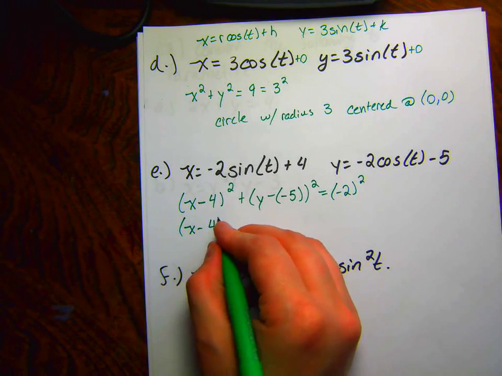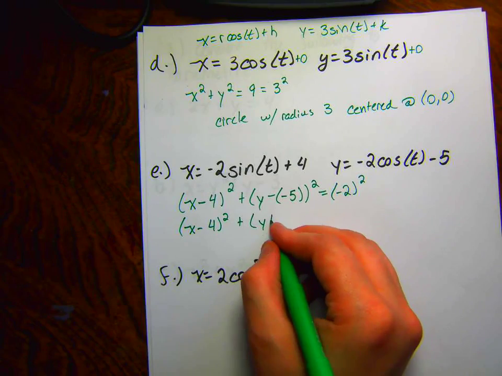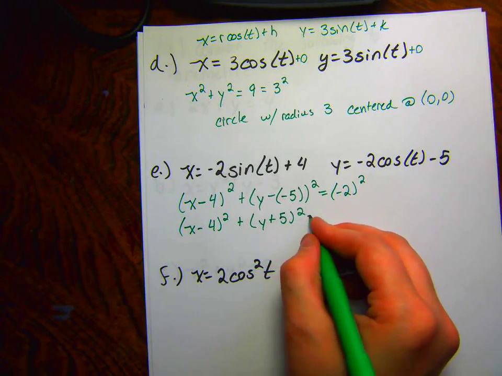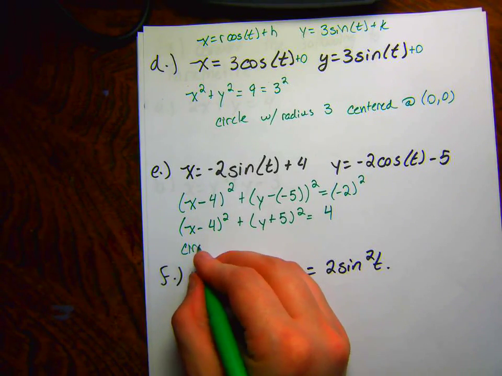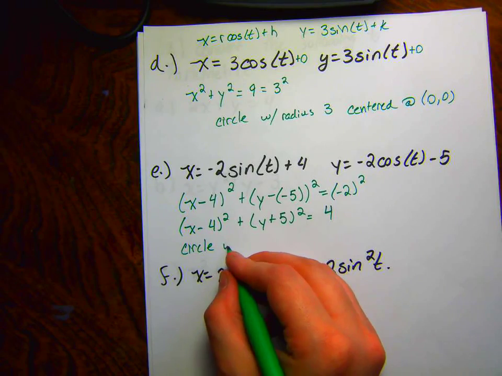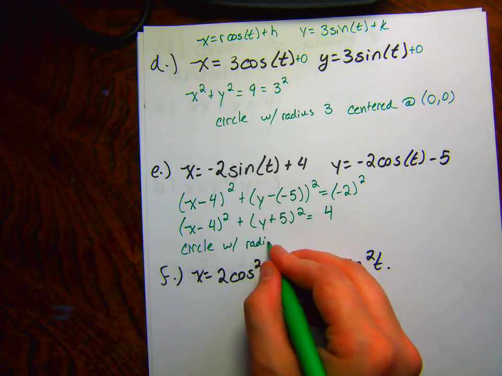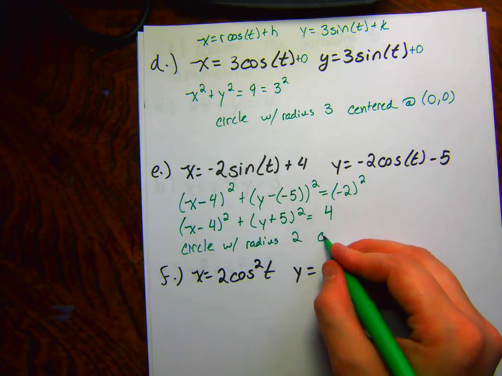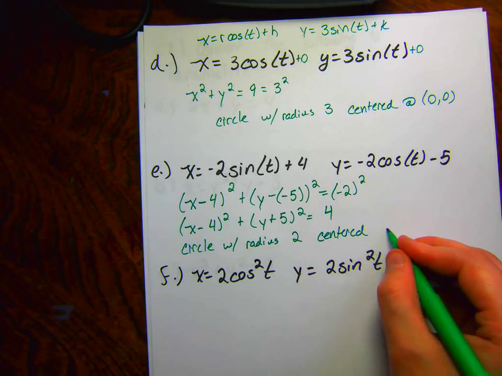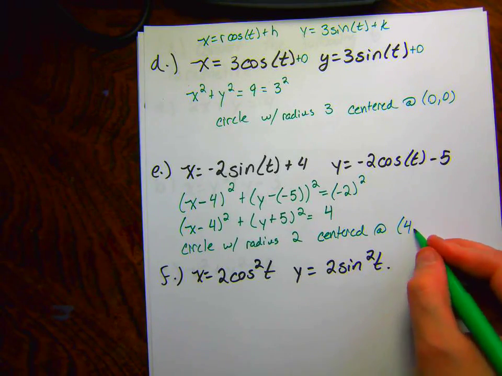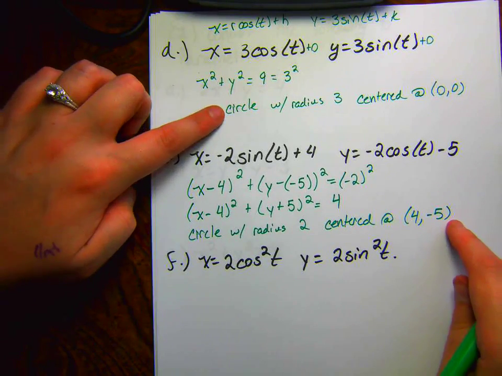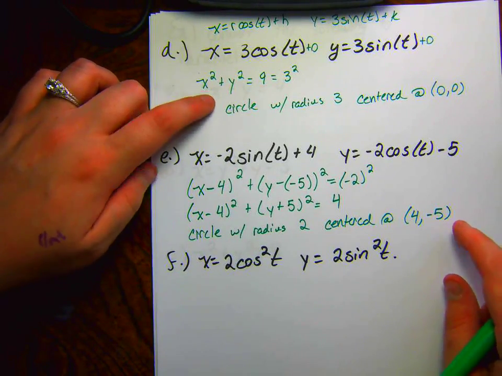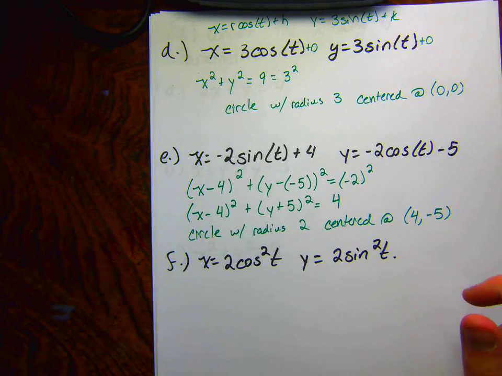We get x minus 4 squared plus y plus 5 squared equals 4. So what kind of equation or graph is it? This is going to be a circle with radius 2. It's going to be centered at 4, negative 5. This is a good habit to get in, is to write down what the graph would look like.